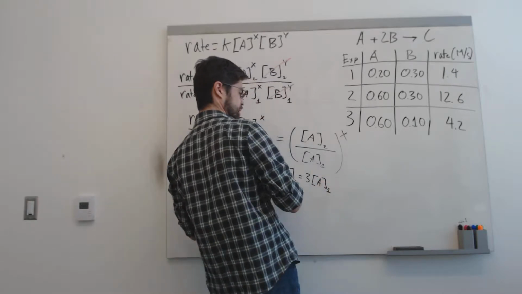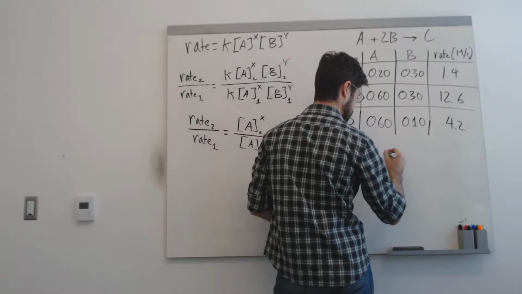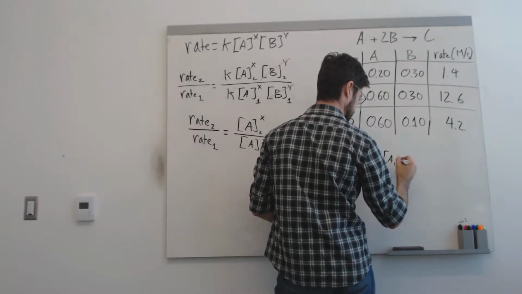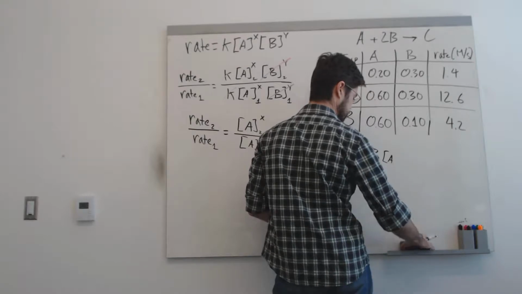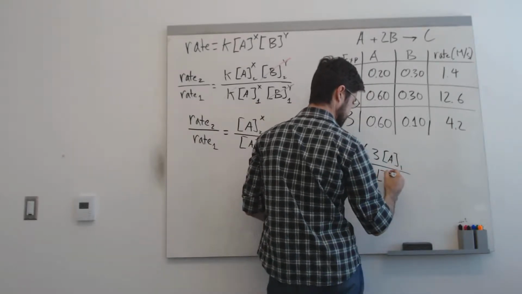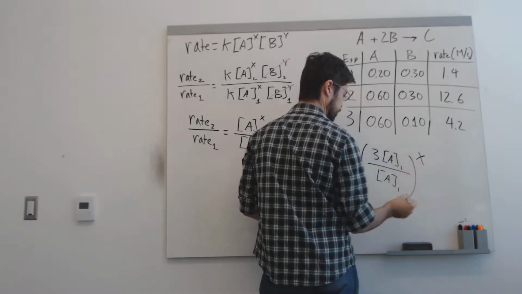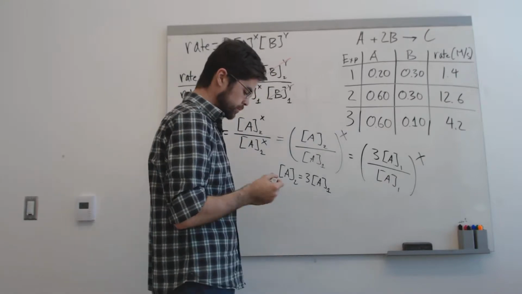I can substitute that in here, and I get 3 times the concentration of A in the first experiment over the concentration of A in the first experiment, all raised to the x.